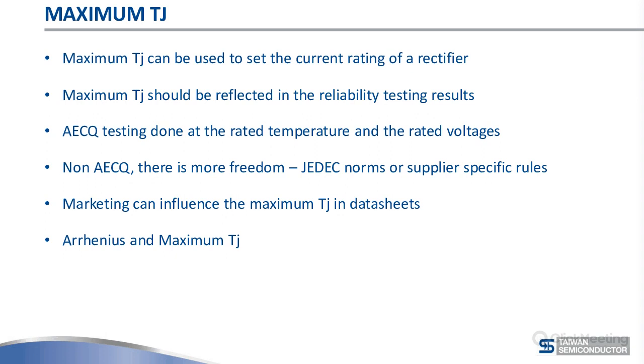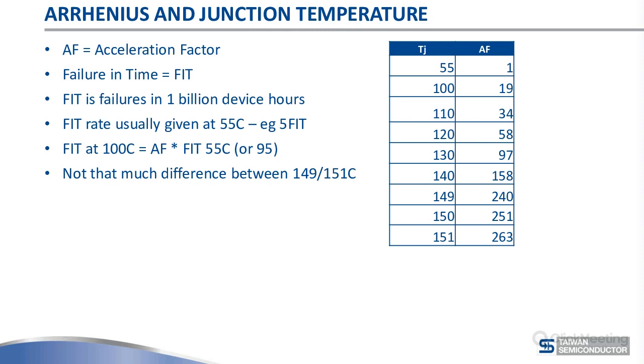Where the definition of the maximum TJ becomes a little bit more philosophical is when you start looking at Arrhenius and field failures. For this, I prepared a slide with an extra table of values. What we're talking about now is the FIT rate, the failure in time rate. Let's say a product has a FIT rate of 5, a typical average value for a rectifier.